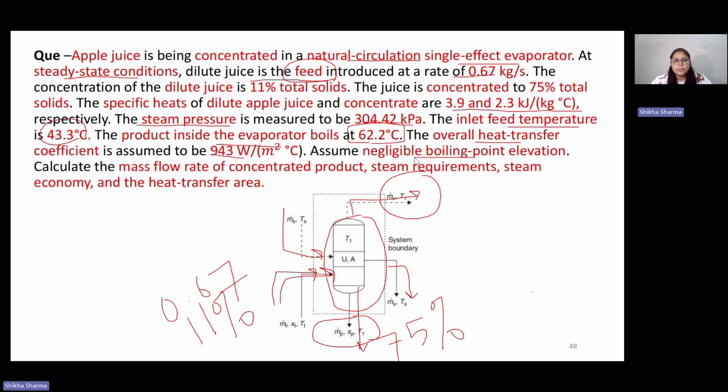We need to assume negligible boiling point elevation, and we need to calculate the mass flow rate of the concentrated product, the steam requirements, steam economy, and the heat transfer area.